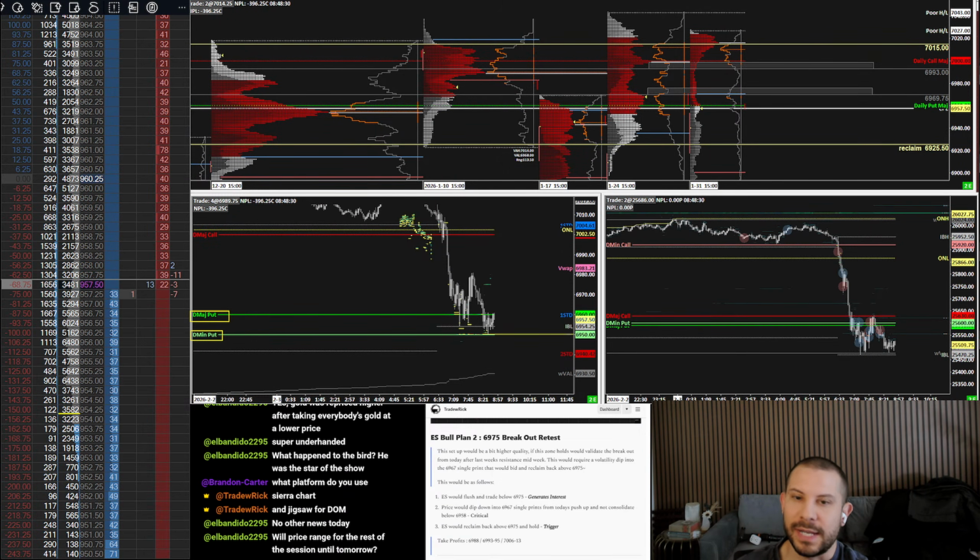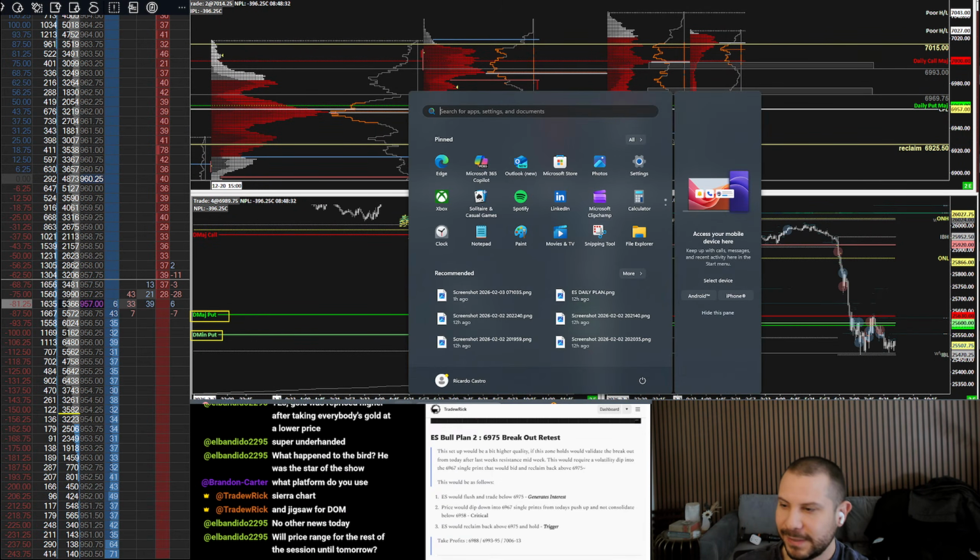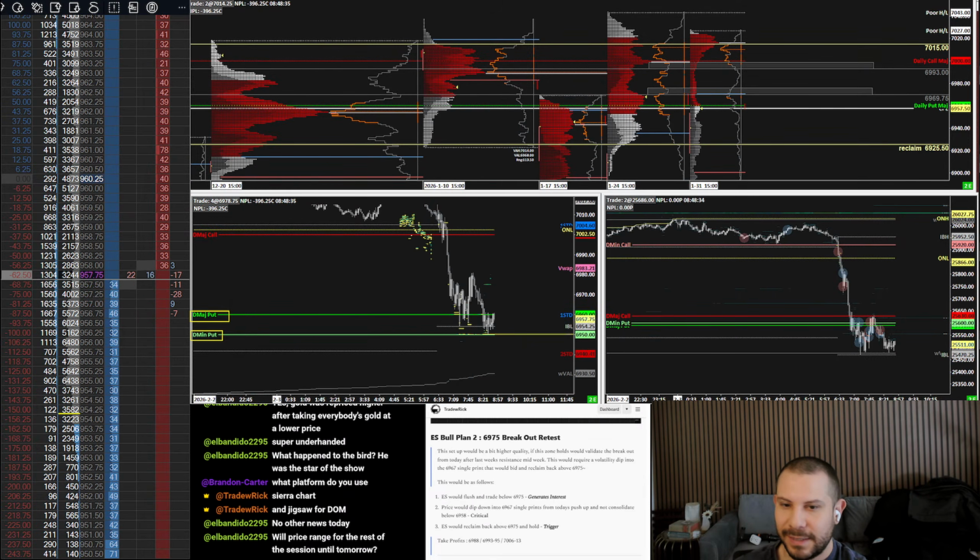Will price range? Probably. I think so. I mean, we've already hit the IBL. We've already hit the overnight low. There's no other targets I can think of from an objective point of view that we can distribute any higher or lower. I mean, we can if there's news or whatever. But if you consider the landscape, we have the Nasdaq that has endured all the pain in the world already.